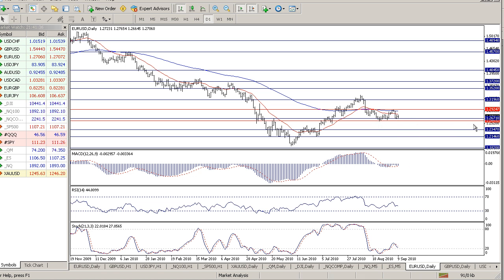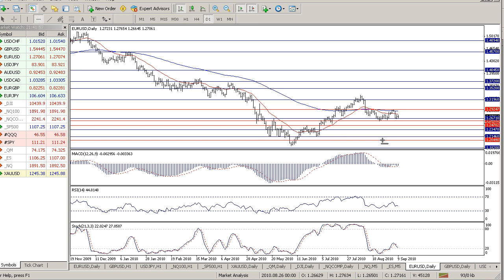Once the 126 support area gives way, is penetrated, then a decline toward lower supports is likely. Here you can see the 124.70 area, also the 123.50 Fibonacci level, and of course the key level on the downside is 121.46, and then comes the May low.